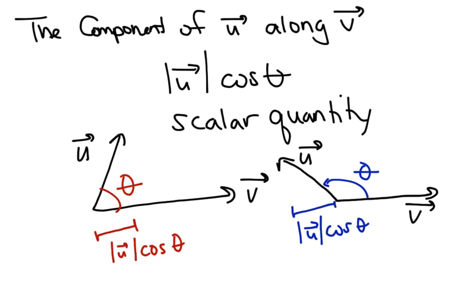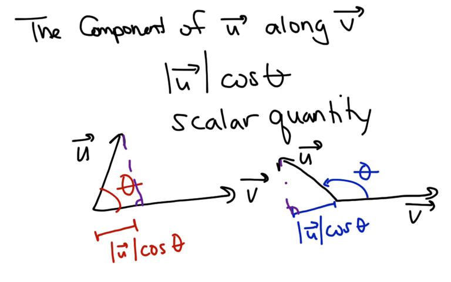In physics and engineering, sometimes it's helpful to express a vector as the sum of two vectors lying in perpendicular directions. Because of that, we come to a concept called the component of vector u along vector v. The component of vector u along vector v is a scalar quantity found by doing the magnitude of vector u times the cosine of theta.